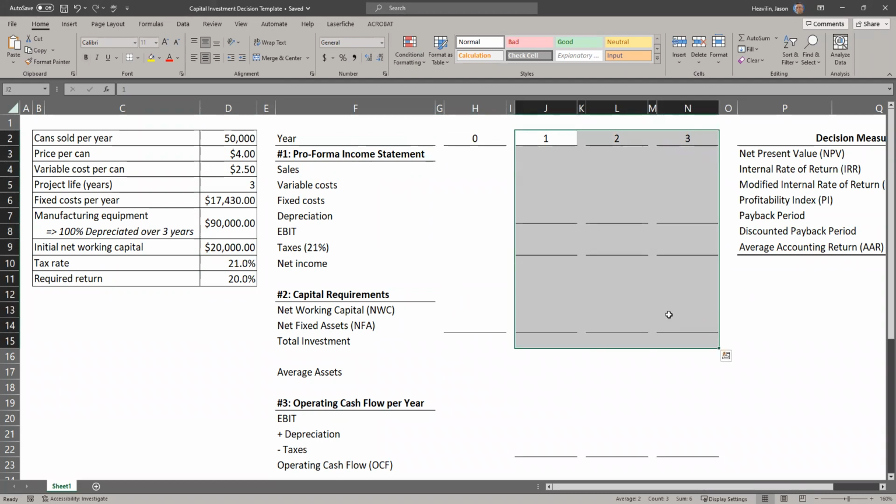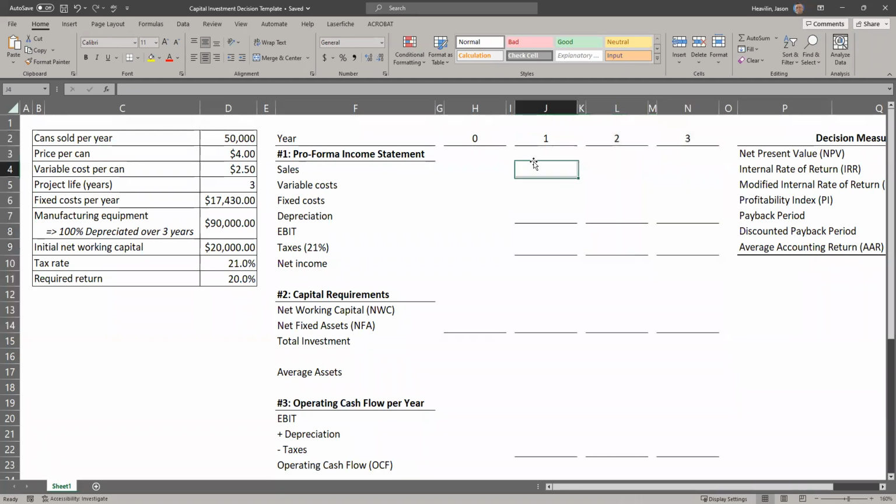Now, keep in mind as we go, this is a simplified example. So some things are not going to reflect what reality looks like, but it's still the same process. So we start with our sales. Our sales pro forma or budget or prediction for year 1, that's going to be in form of dollars.